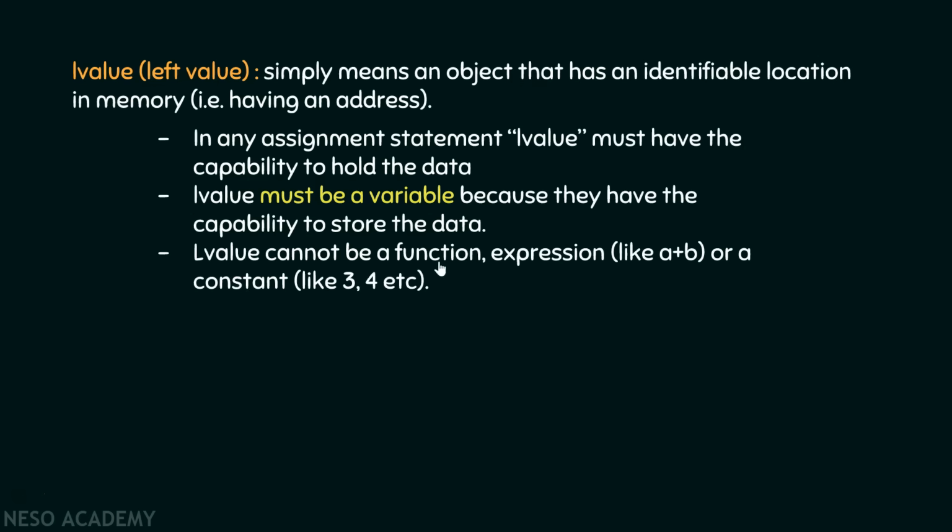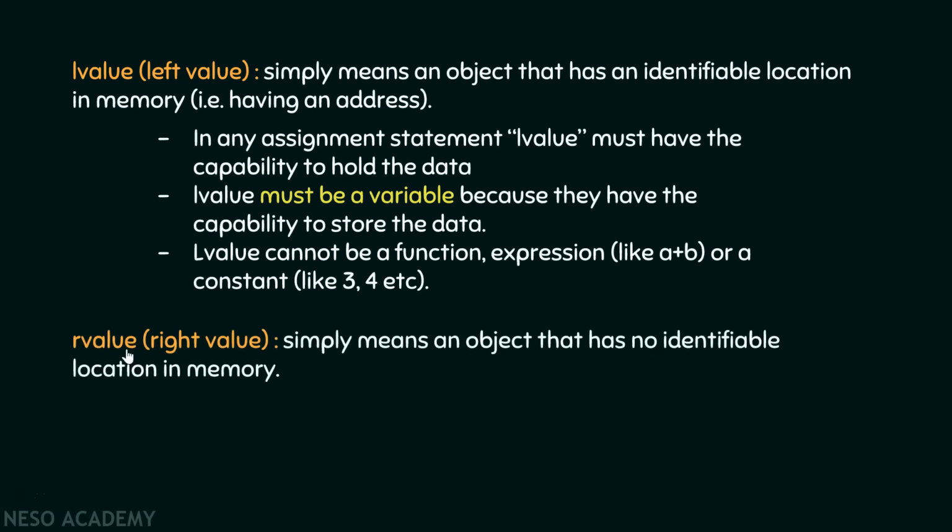L value cannot be a function because they do not have the capability to store the data. Expressions like a plus b will return some constant value like 3 plus 4 is equals to 7, and that is a constant value, and it does not have the capability to store data. Similarly, a constant also does not have the capability to store the data, and that is so obvious.